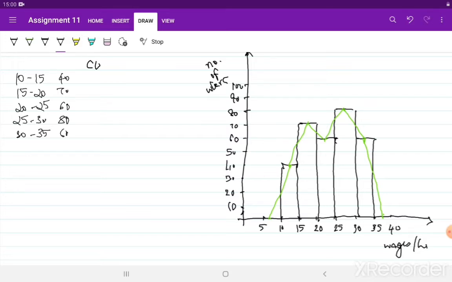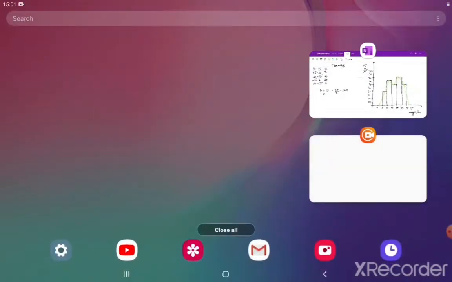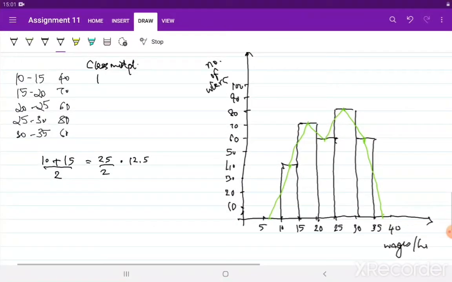What you can do is find the class midpoint. To find the class midpoint, lower limit plus upper limit divided by 2. So that will be 25 by 2, which is 12.5. So your class midpoint is 12.5 here.